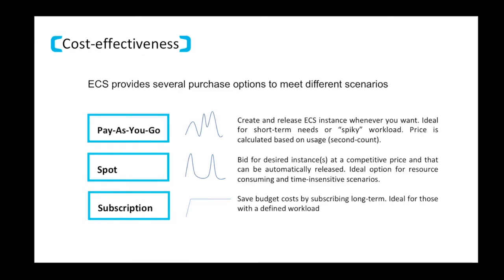It's ideal for short-term needs or workload peaks, but if you are looking for a long-term solution for your expected workload, you can sign up for the subscription ECS instance, and it will be much cheaper as you commit the usage for a certain period.